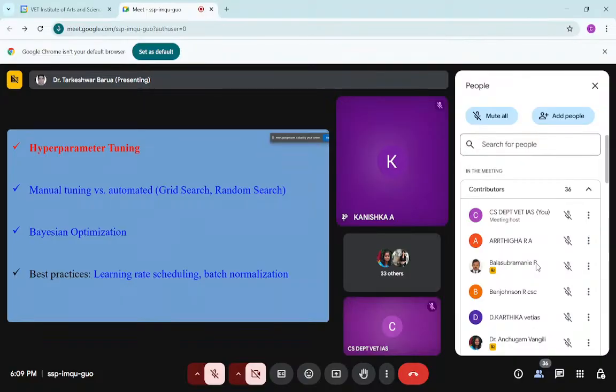In this, we are trying to minimize the computation, and directly we are reaching the particular target that we are going to achieve. Another technique we use is Bayesian optimization, and best practices are learning rate scheduling and batch normalization.